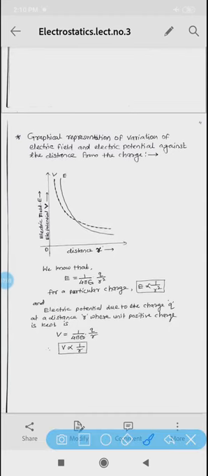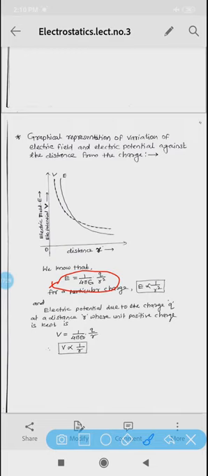Now the next article is the graphical representation of variation of electric field and electric potential against the distance from the charge. We know that electric field intensity at a distance r from the charge q is E is equal to 1 upon 4 pi epsilon 0 q upon r square.